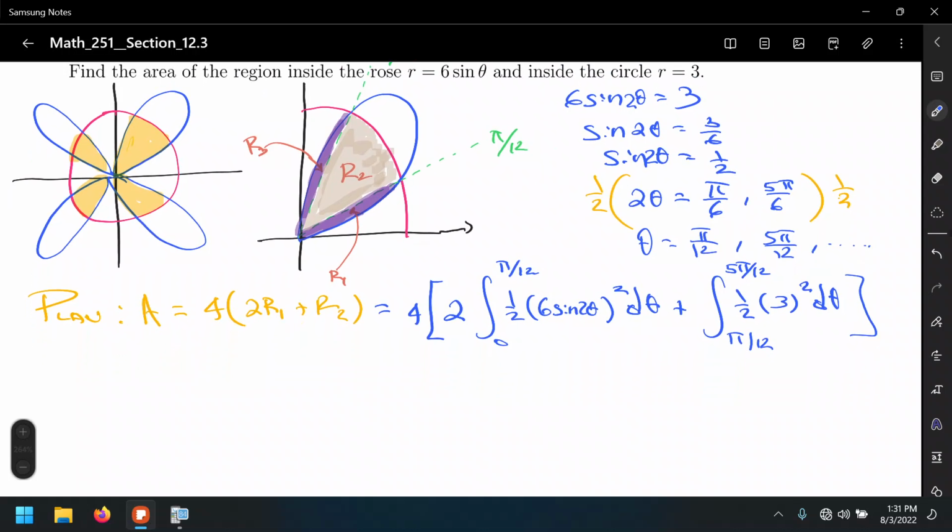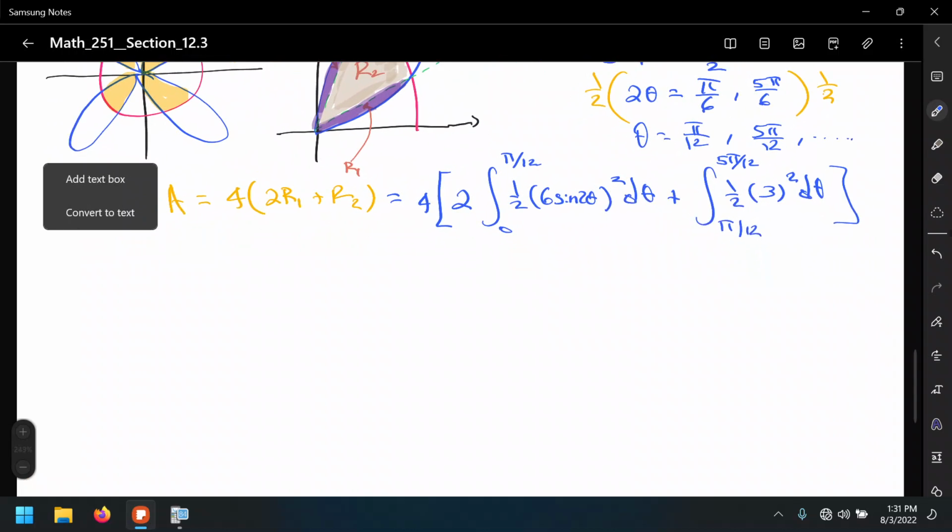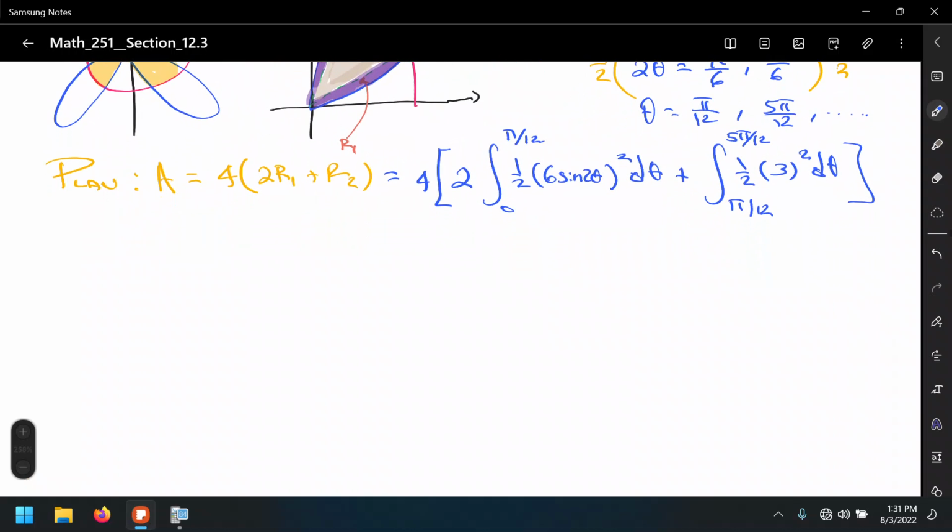Okay, so let's first simplify these coefficients, and then we're going to write the problem in terms of an integral 1 and an integral 2 to simplify our work here. All right, so in this case, 2 times 1/2 reduces to, okay, let me keep the 4 times first. So that's going to be simply the integral of 6 squared, which is 36, sine squared of theta from 0 to pi over 12.